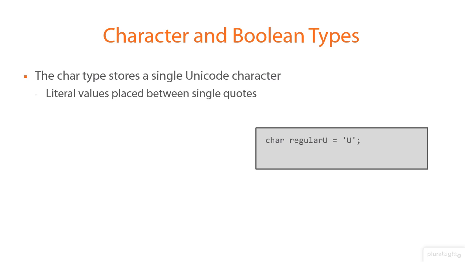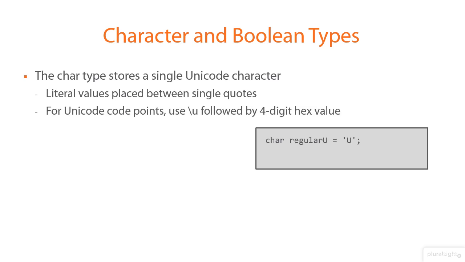Char is just a single character value. And because the char type supports Unicode, you can actually specify any valid Unicode character in there. So if you want to assign a Unicode character that you don't have on your keyboard, you can use the Unicode code point by using that \u notation. Right? So you see here I've got this char accentedU with the apostrophe \u00DA. Says that that is actually a U with an accent on it.